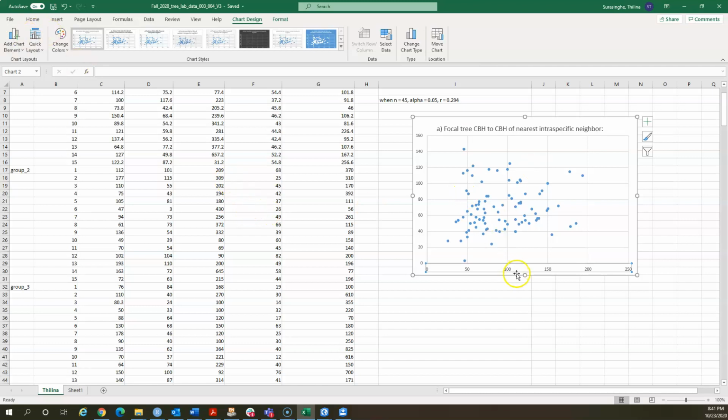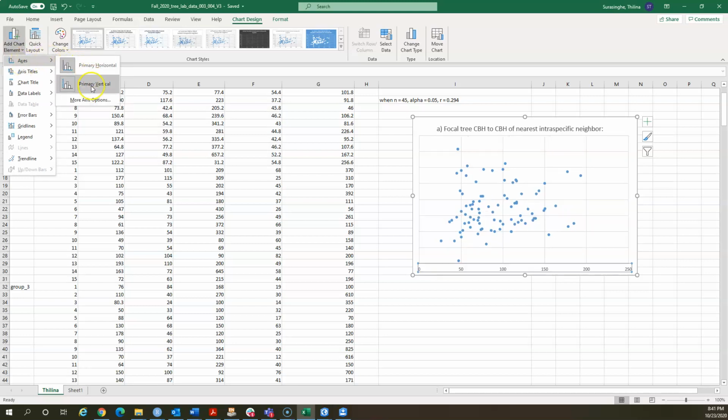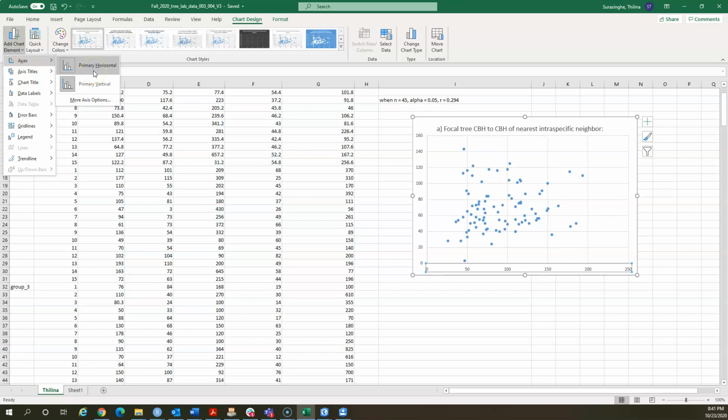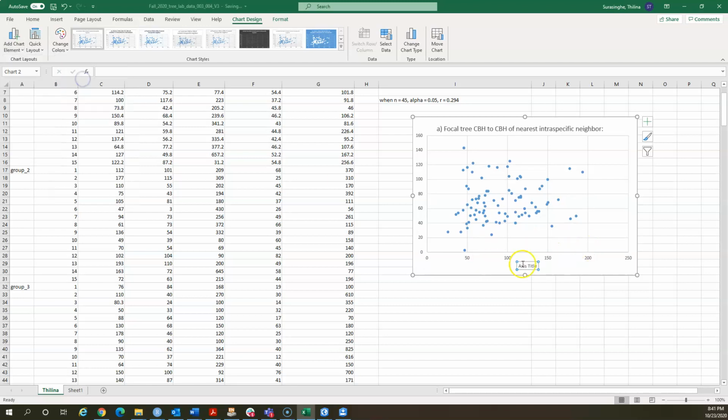So I'm going to select the plot, chart design, add chart element, chart elements, axis titles. I always mix that up because they are very similar in name.